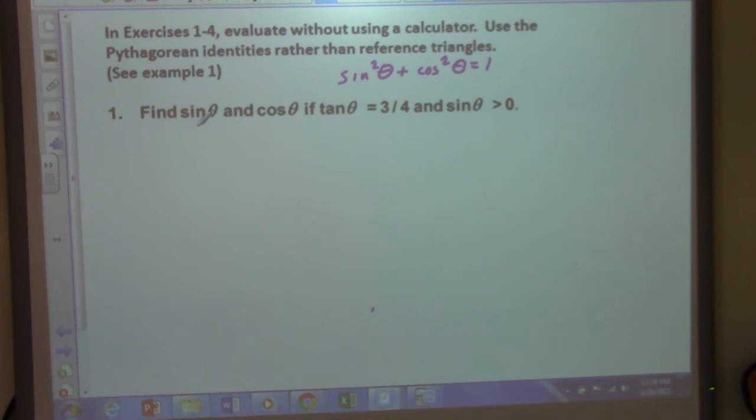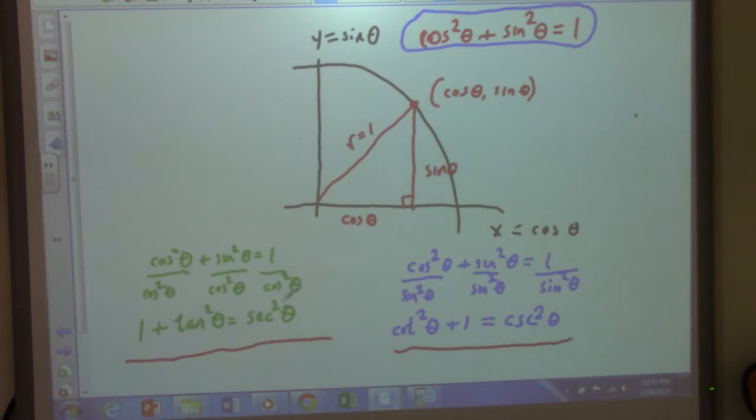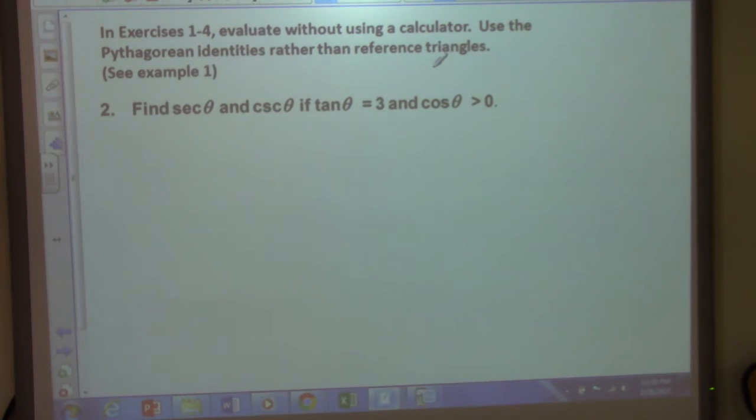So anyway, you have: find sine theta and cosine theta if tangent theta equals 3/4 and sine theta is greater than 0. So what would you do with this? Well, I would go to this trigonometric identity right here with tangent in it. Do you see that? So we have 1 plus tangent squared theta equals secant squared theta.